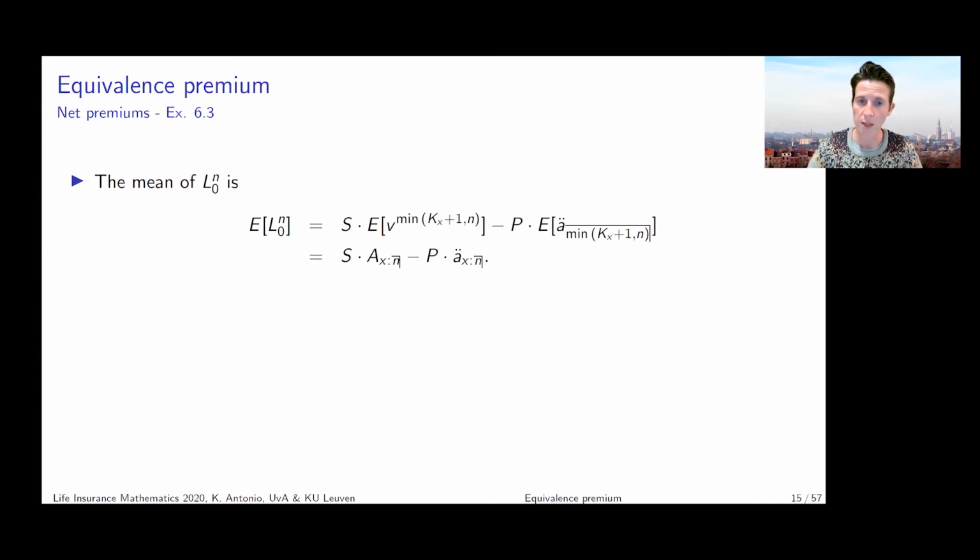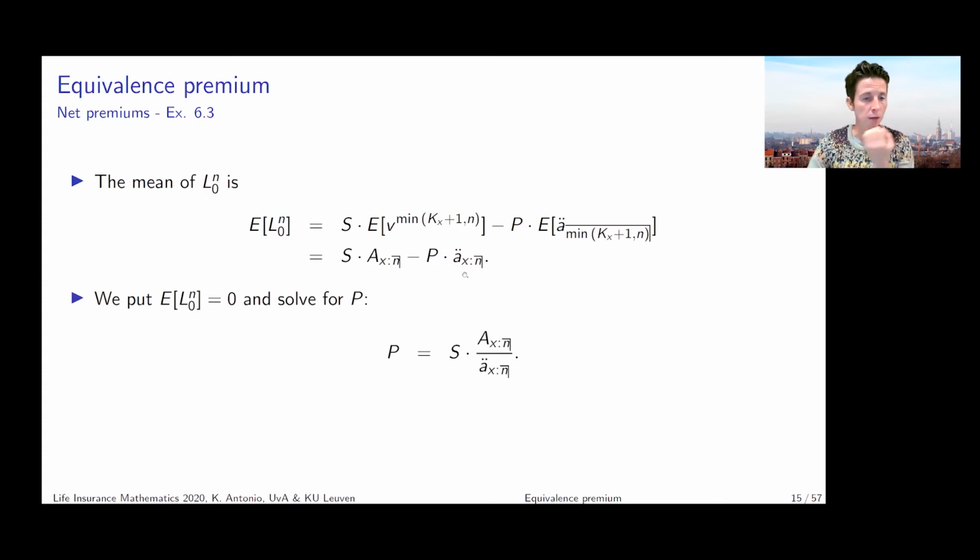That's the expected value of the endowment insurance here and the expected value of my term life annuity due over here. And I already know how I can write down these EPVs, because that's something I learned in chapter 4 and chapter 5 as well. So I've got my expression here for the mean of the loss random variable using our traditional actuarial notation, where I'm relying on the EPV of the endowment insurance and on the EPV of a term life annuity due.